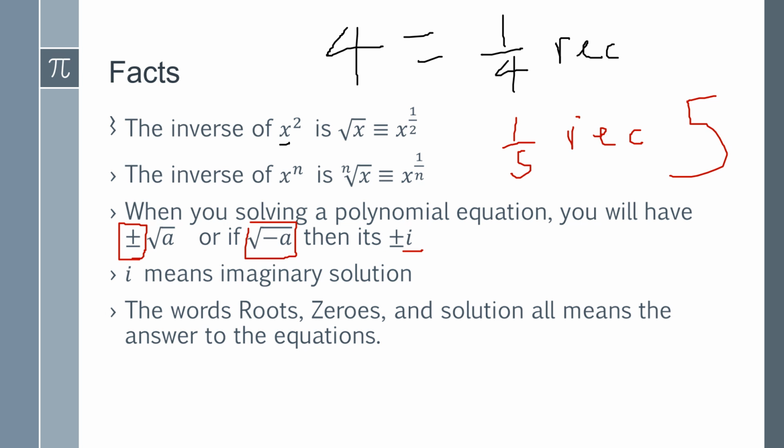I means imaginary, meaning that it's not real, meaning that you can't see it. If it's part of my imagination, you can't see my imagination, can you? This is important right here. The words roots, zeros, and solutions all mean answers to the equation. This is very critical for you to have.